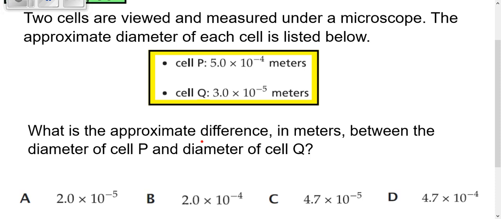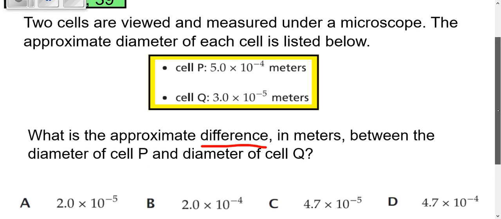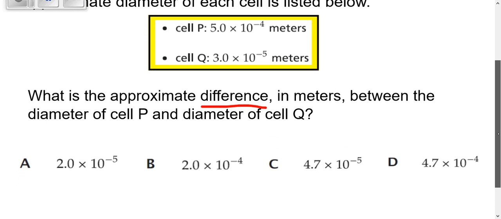There we go. That's the key word. So difference, you basically would have to do what with it? Between the diameter of cell P and the diameter of cell Q. So it's pretty easy, especially that you have your calculator. Do this whole question, but press pause first, and press pause now.